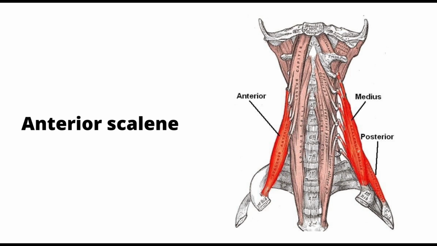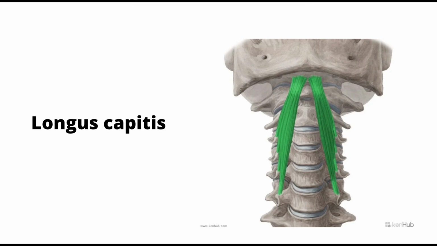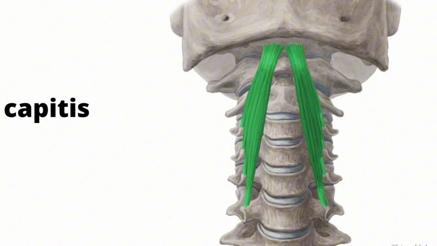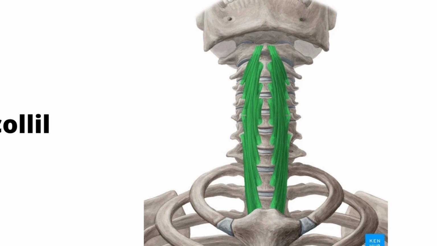Then the anterior scalene flexes neck laterally, elevates first rib during forced inspiration. The longus capitis is in charge of flexing the head. The longus colli flexes neck with rotation to opposite side if acting unilaterally.